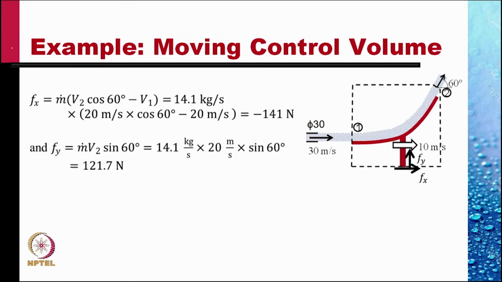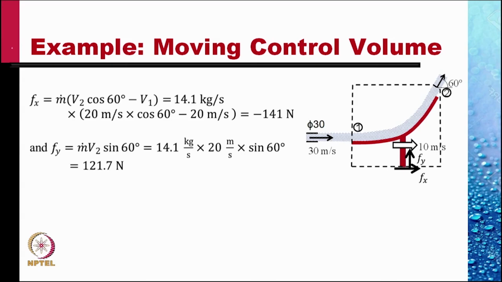So the force Fx is equal to m dot into (V2 cosine 60 degrees minus V1), and this is equal to 14.1 kilogram per second into (20 meters per second into cosine 60 degrees minus 20 meters per second, which is the value of V1). This gives you a net value of minus 141 Newton, to the left.